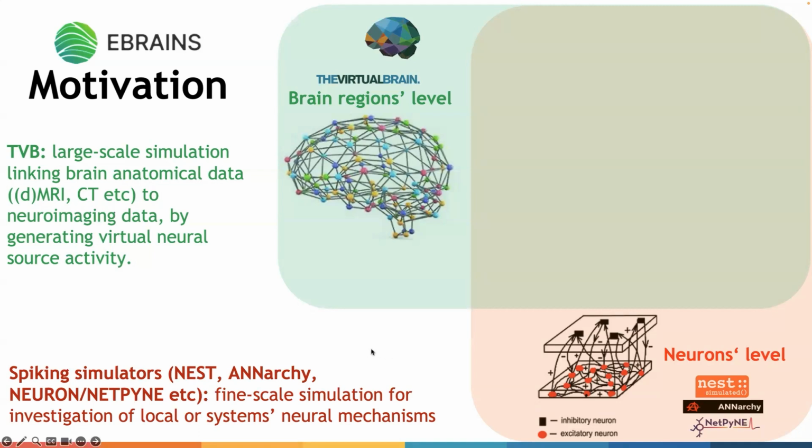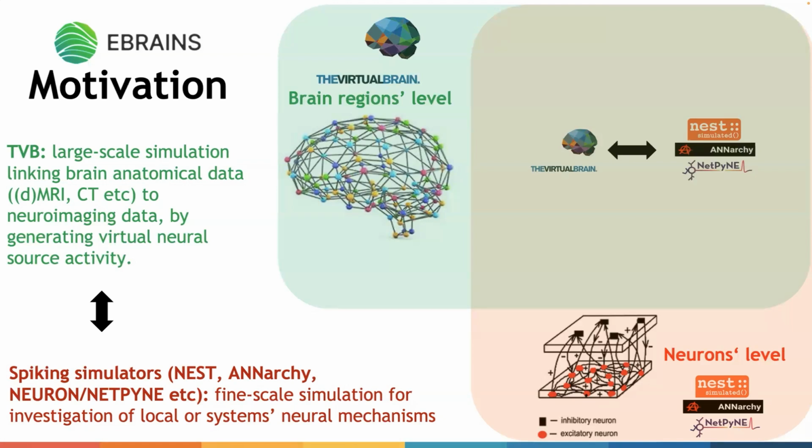There are many simulators that can model and simulate neural networks. Three of them that we have incorporated in the toolbox I'm going to show you are NEST and ANNarchy. These two model only point neurons, and NEURON and its interface with Python, NetPyNE, can also model multi-compartmental neurons.